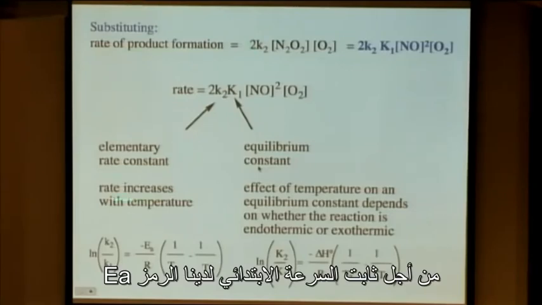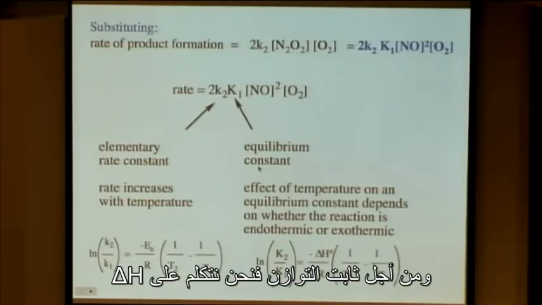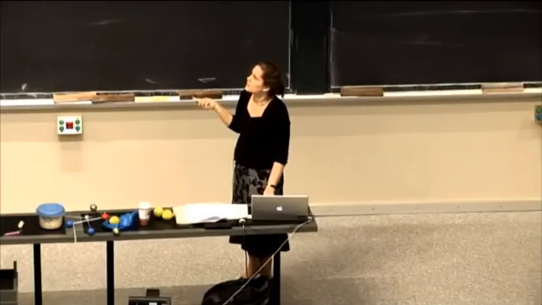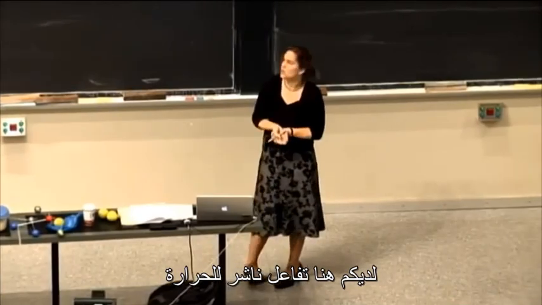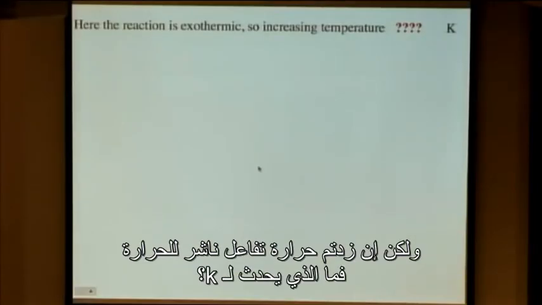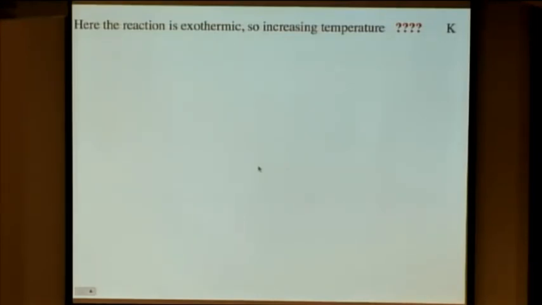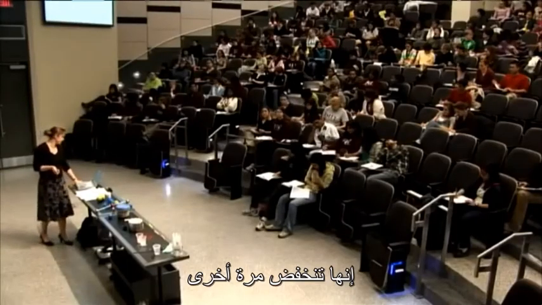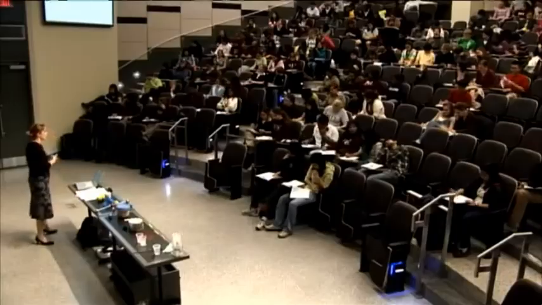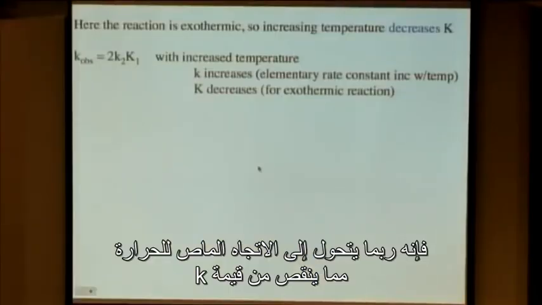For an elementary rate constant, we have EA, and for the equilibrium constant, we're talking about delta H. Here the reaction is exothermic, and if you increase the temperature of an exothermic reaction, what happens to K? It decreases. So it would shift to the endothermic direction, decreasing K.